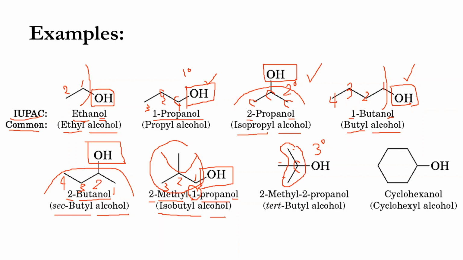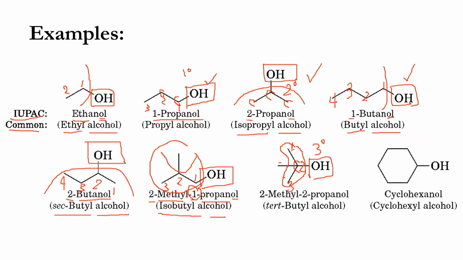Carbon 1 should be closer to your functional group, the hydroxy. So in this case, the two terminals are this and this one. If you are to number the chain, this is carbon 1, carbon 2, and carbon 3. Where is your OH bonded? At carbon 2.